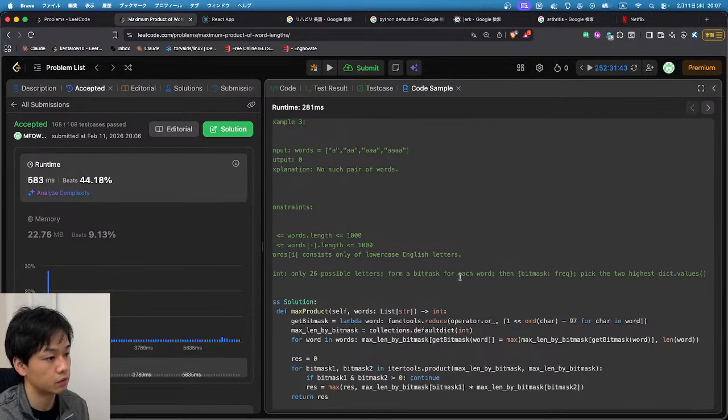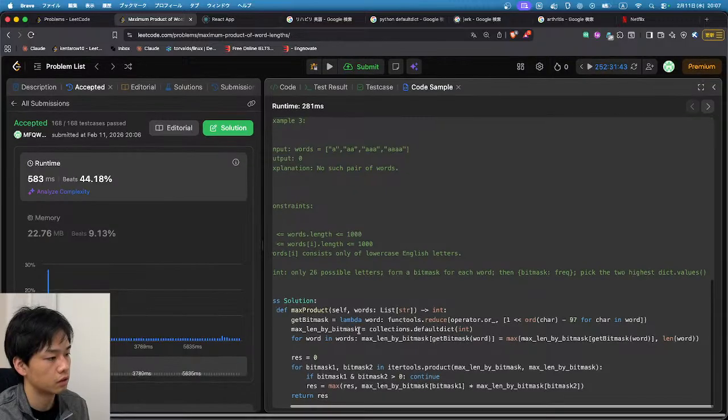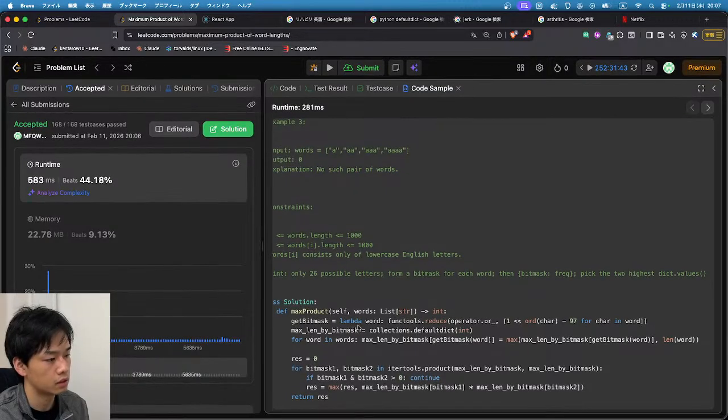Form a bit mask for each word. Then pick the two highest dict values by bit mask. Get bit mask is a function. It takes a word and, I cannot understand, but it shifts the bit based on the character.